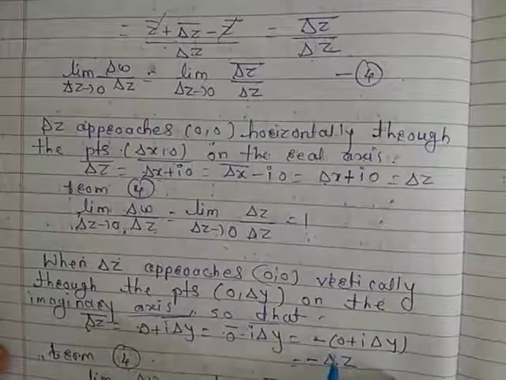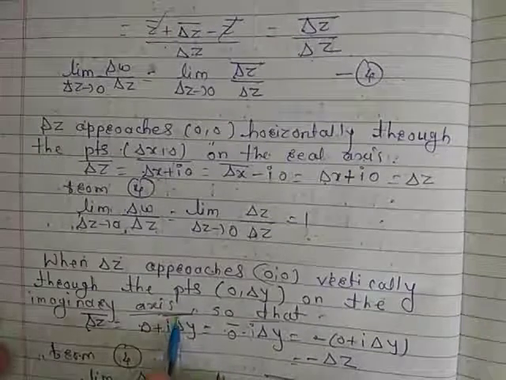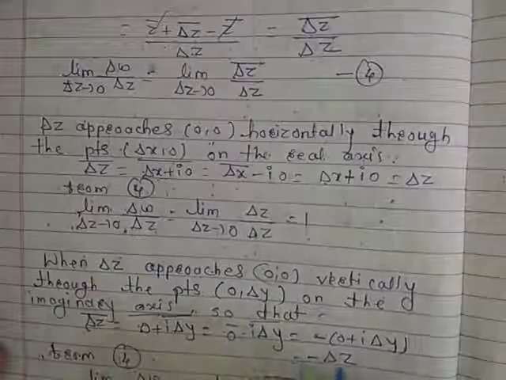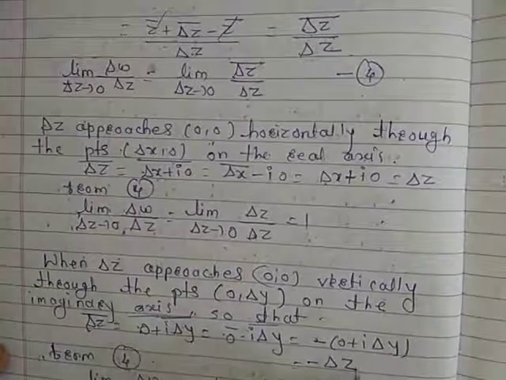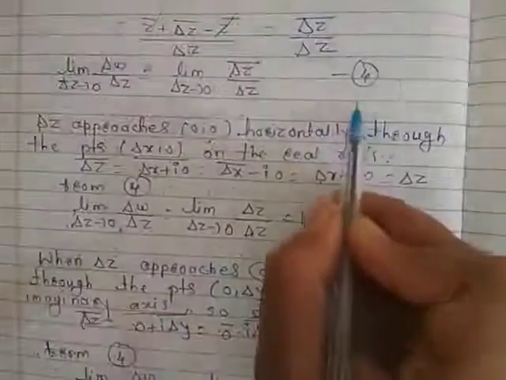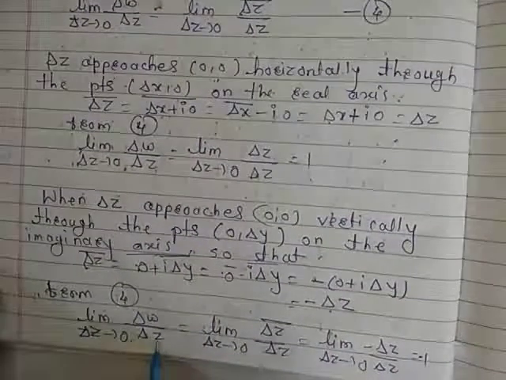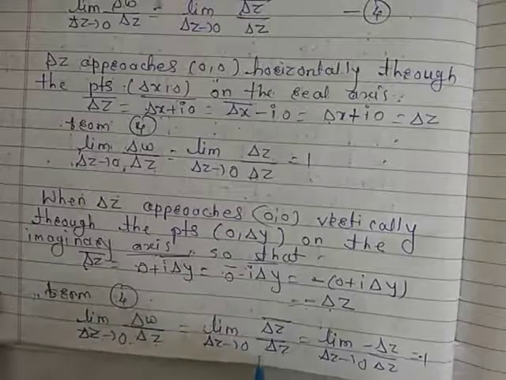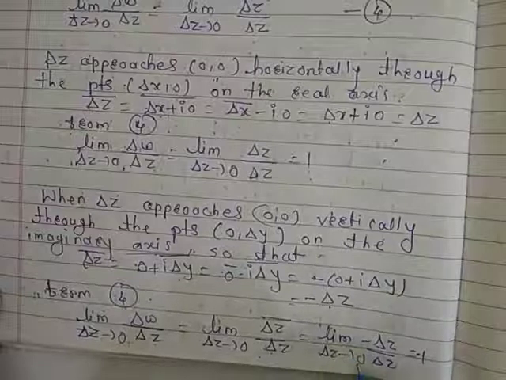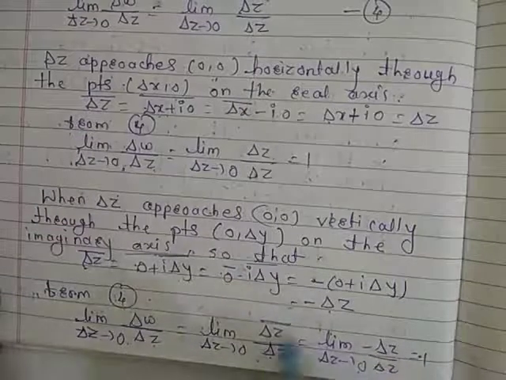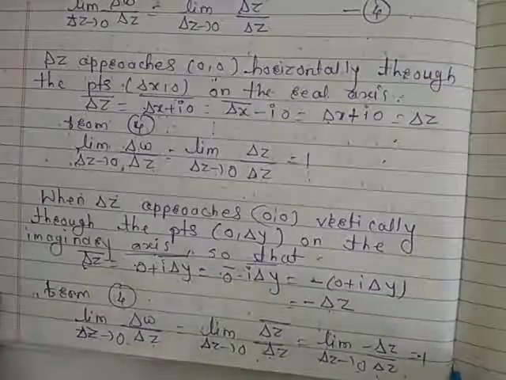Now this is an imaginary part, so the conjugate of i delta y becomes minus i delta y. So we will get here minus delta z. So from this equation 4, we will get limit delta z tends to 0 delta omega upon delta z is equal to limit delta z tends to 0 delta z bar upon delta z, which is minus delta z upon delta z, which is equal to minus 1.